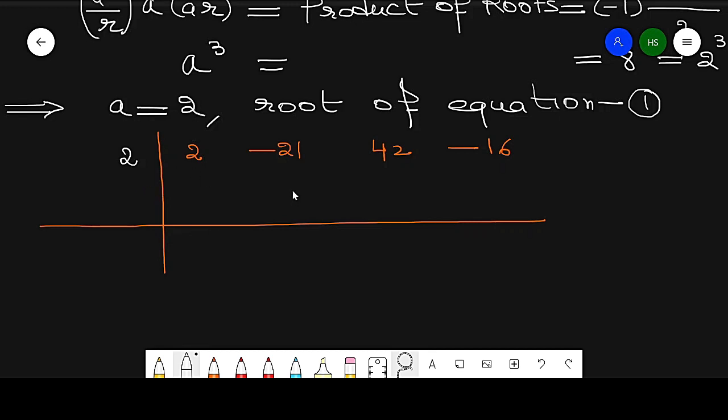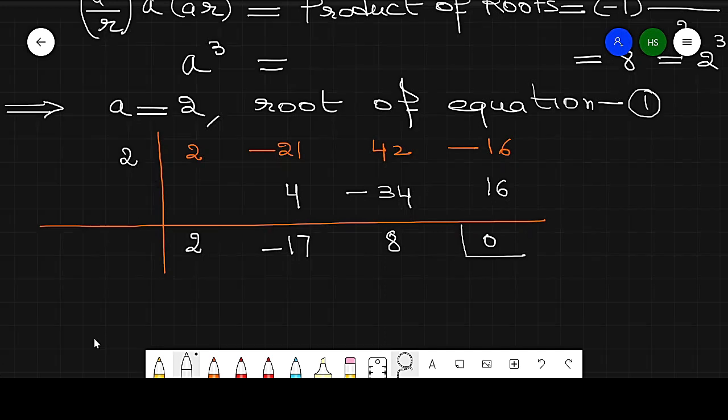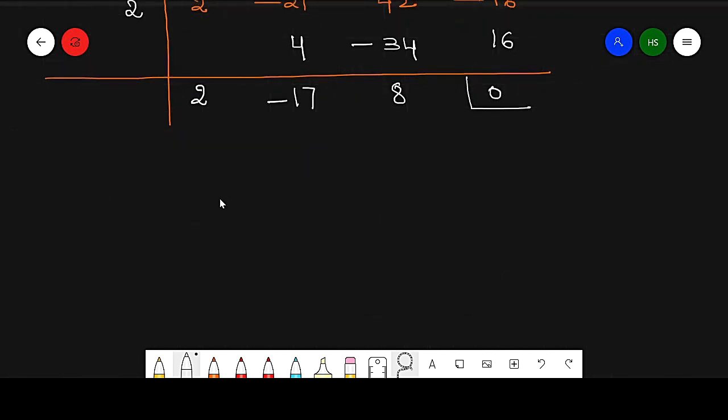Now 2 into 2 is 4. Adding, we get minus 17. Multiplying again by 2, we get minus 34. Adding, we get 8. 8 into 2 is 16. So the remainder is 0. In this way we find that 2 is a root of the given equation because the remainder is 0.